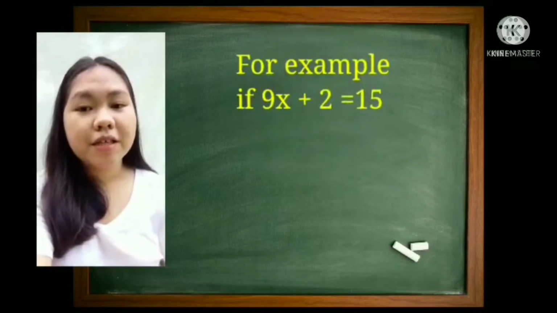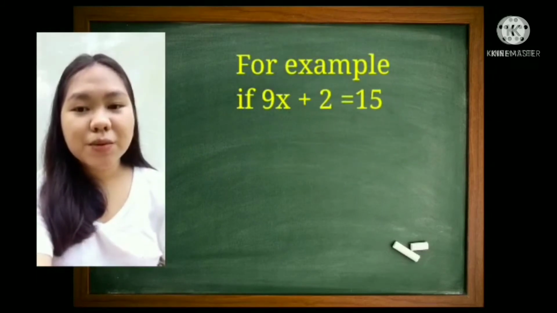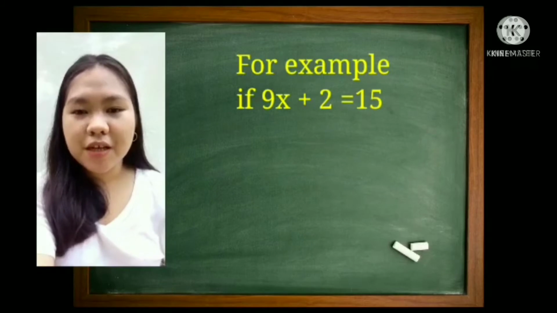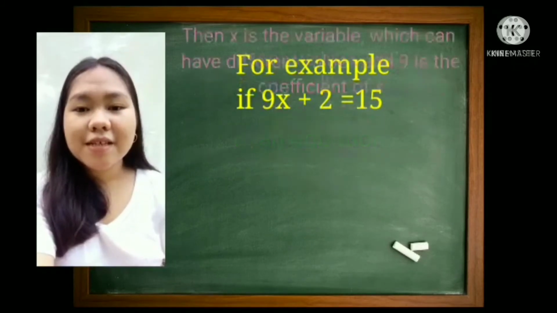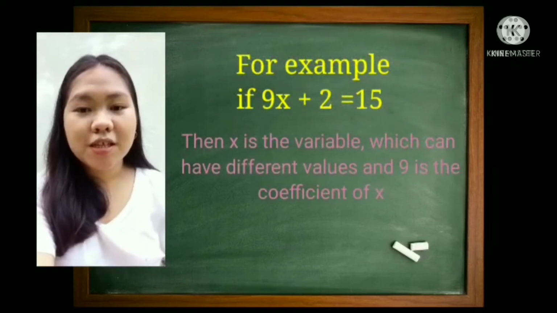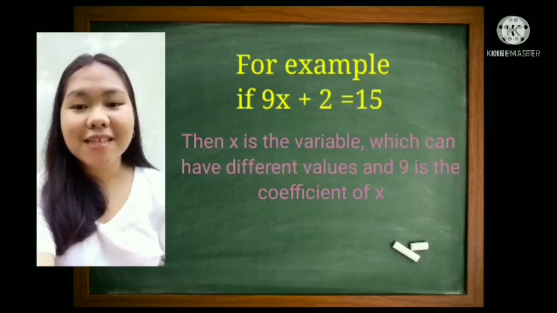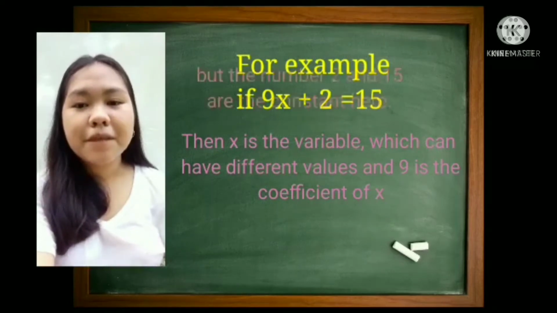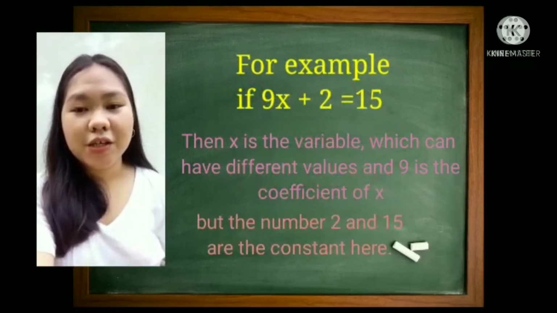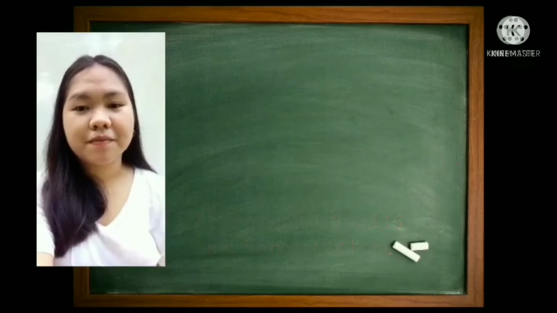For example, if 9x plus 2 equals 15, then x is the variable, which can have different values, and 9 is the coefficient of x. But the numbers 2 and 15 are the constants here.